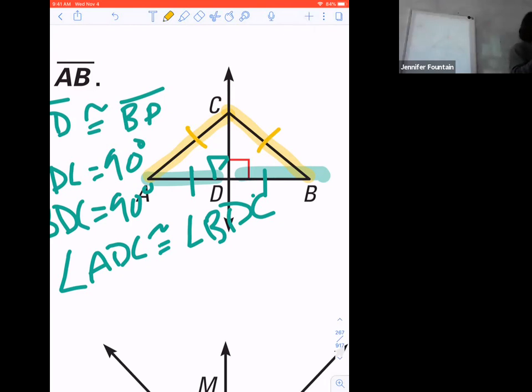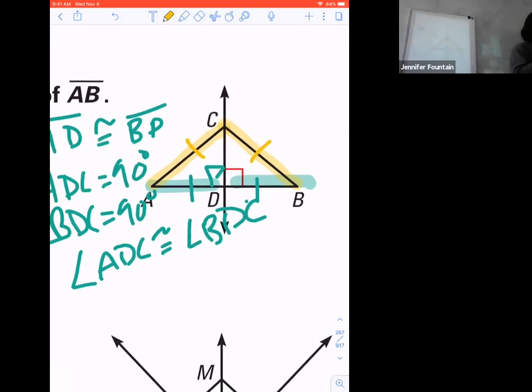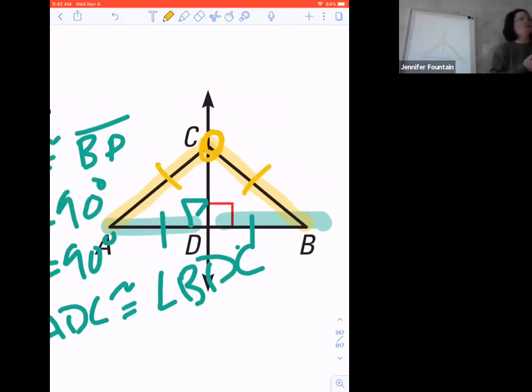Perpendicular bisector theorem. Okay, so based on the perpendicular bisector theorem, what did we learn about point C? If you look at theorem 5.1 and 5.2 on page 265, if I'm looking at C, how can I conclude that those two lines are congruent?